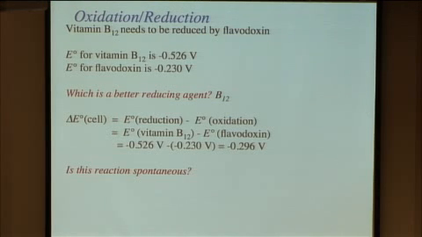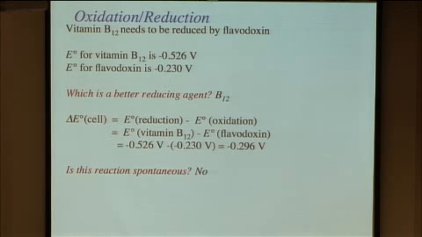So we can look at how unfavorable this process is, and we can calculate the standard potential for this. We can use this equation where we have reduction minus oxidation and plug the values in. And so we have a minus 0.526 minus a minus of the flavodoxin potential, and that gives us a negative value for delta E. So is this reaction spontaneous?